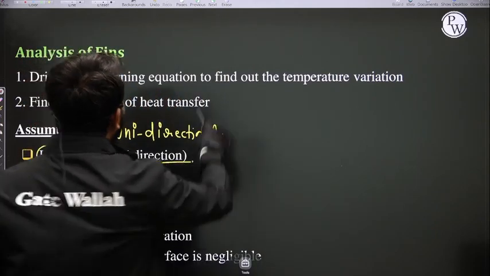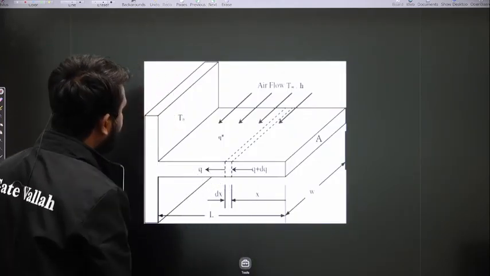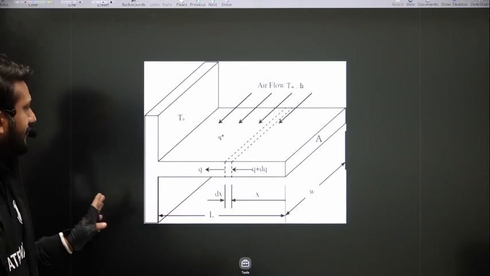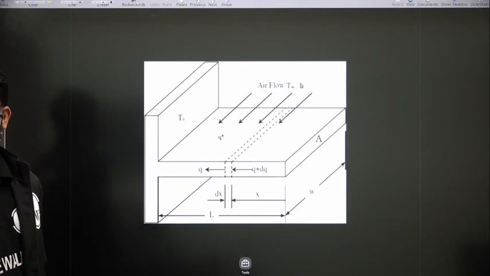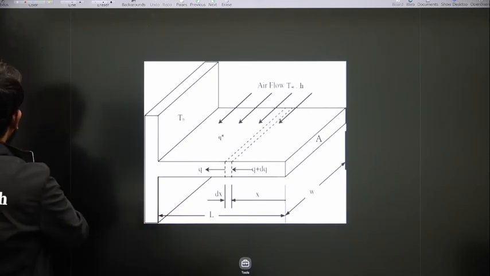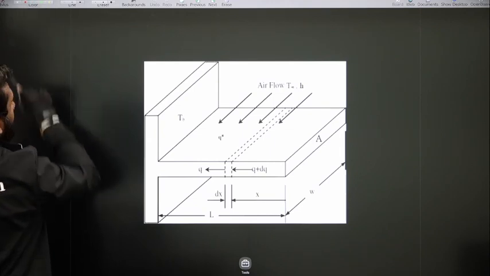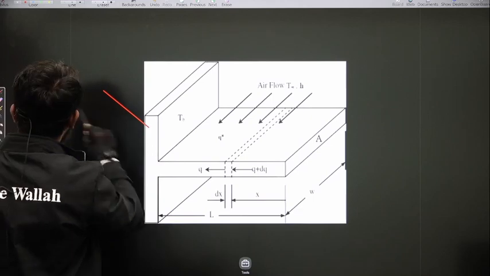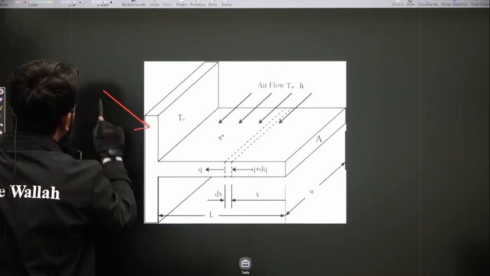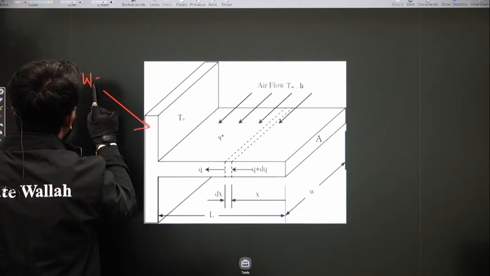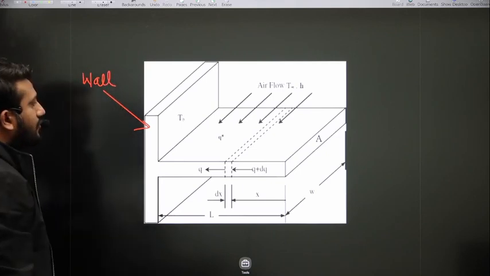Okay, so this is the fin. If you see here, this is the wall.